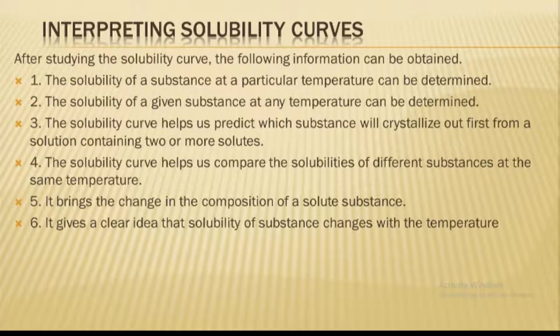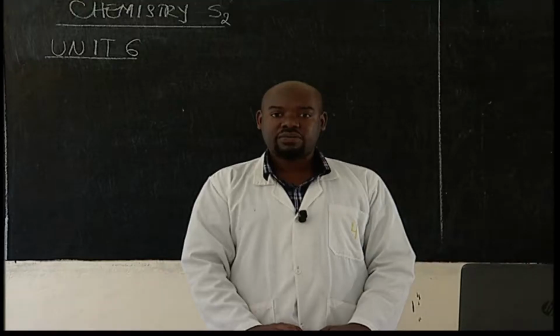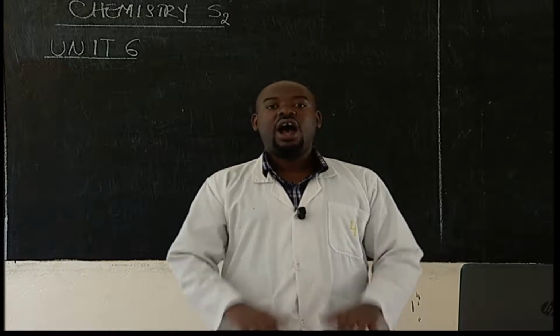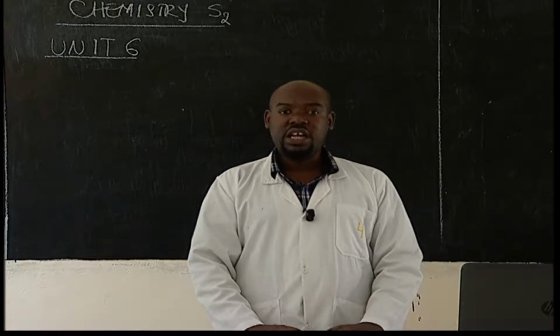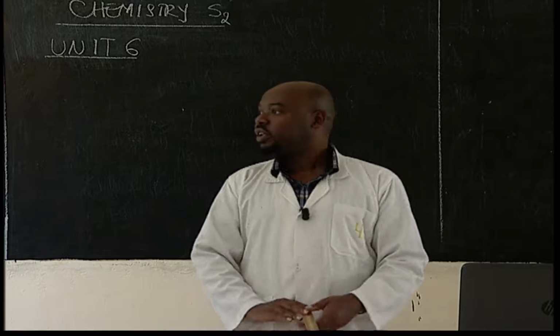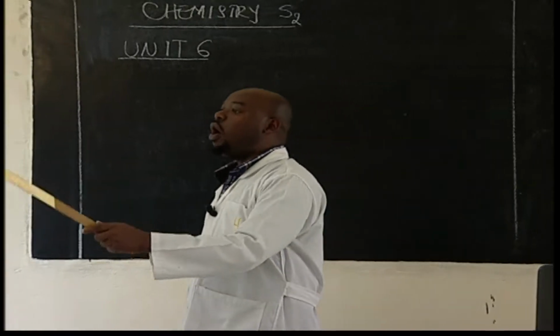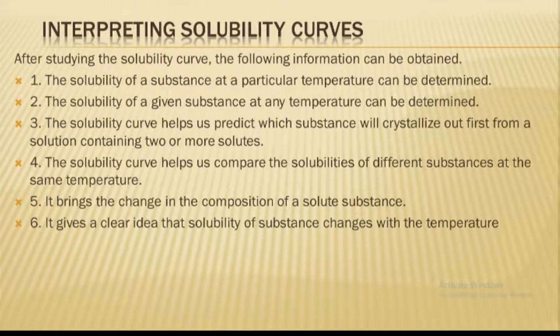And what do we get from the interpretation of the solubility curves? After studying, analyzing solubility curves, what do we get? Here is a list of all the information we can get from interpreting solubility curves.